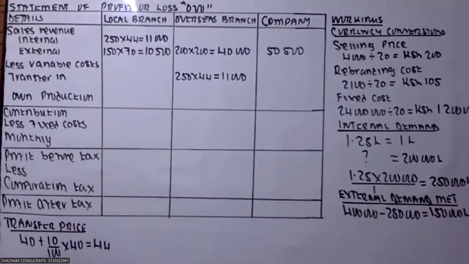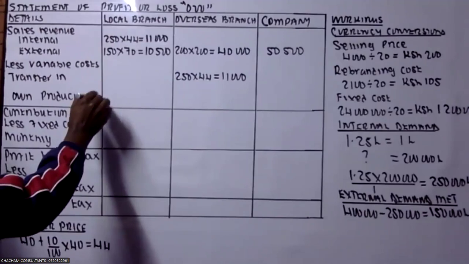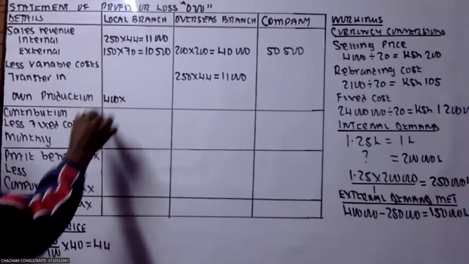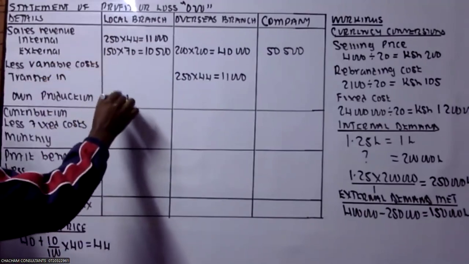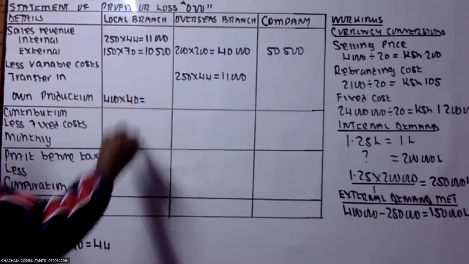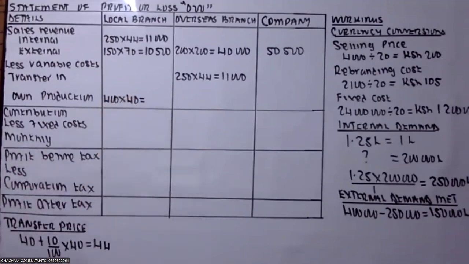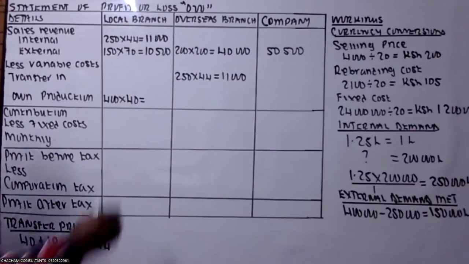Then the own costs. So this one will have produced 400. This plus this at 40 shillings. 440 at 40. $17,600.